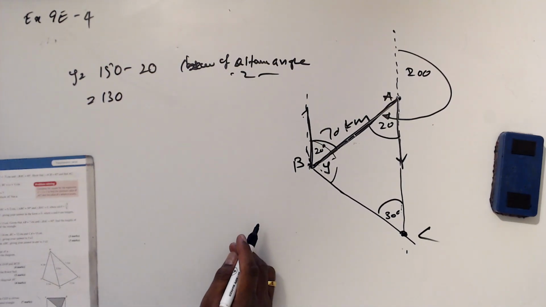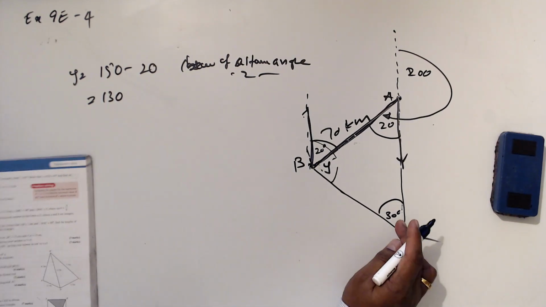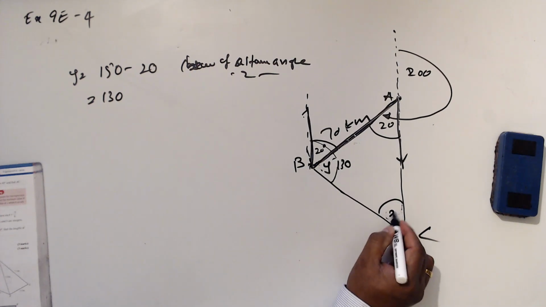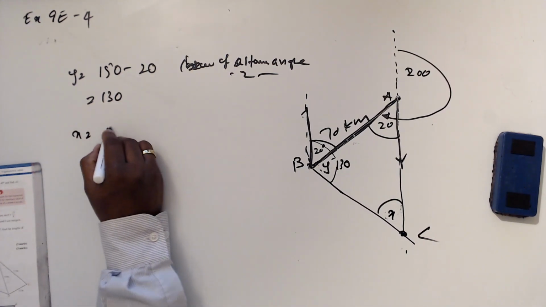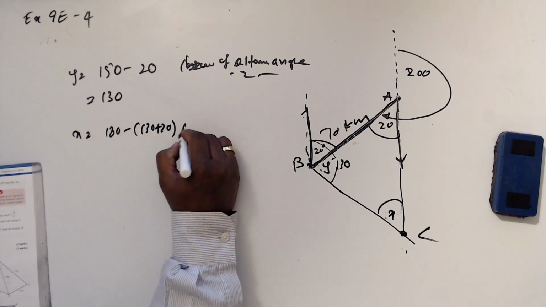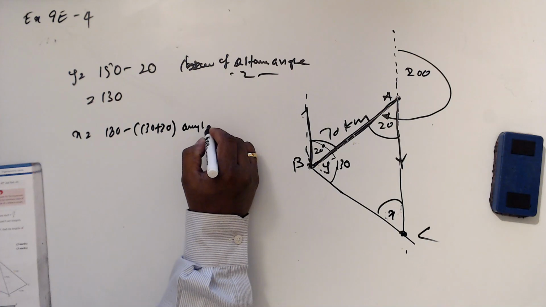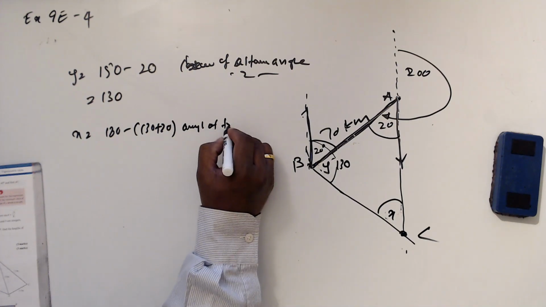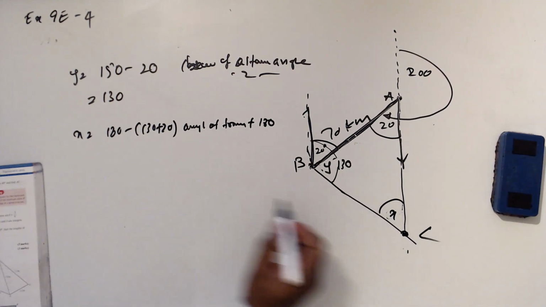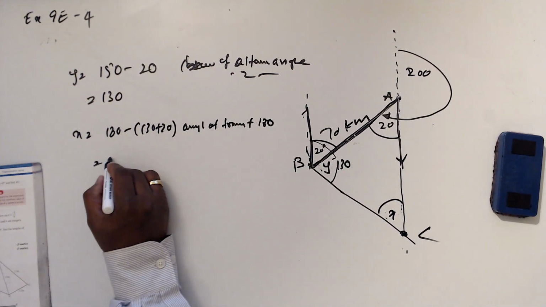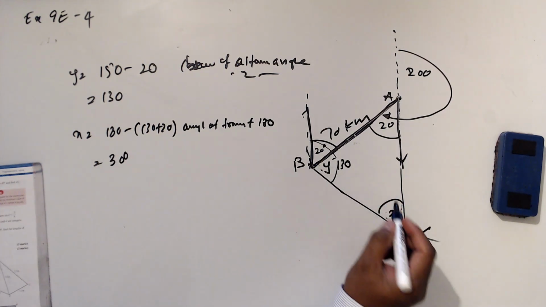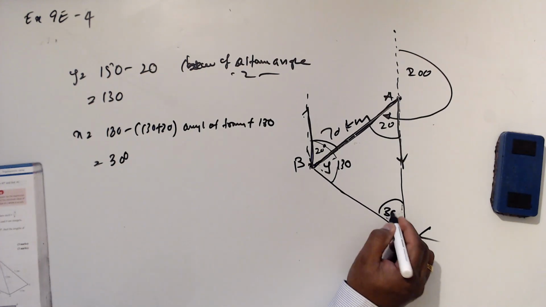Then y is 130, and I'll take this as x. x equal 180 minus 130 plus 20, angles of triangles add up to 180. So this is going to be 30.